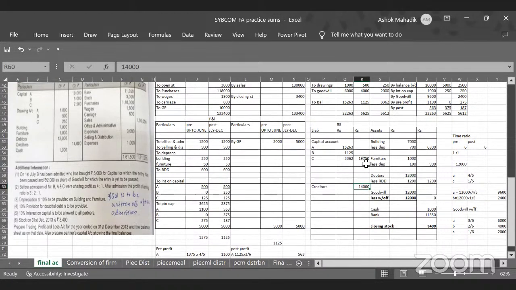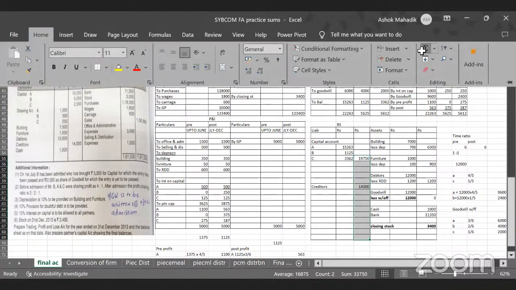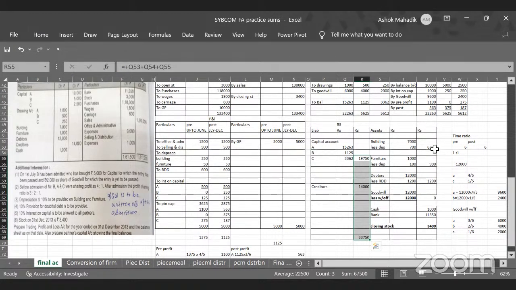Now we have to see if our balance sheet is tallying. Take the total of the liability side. 3375. Let us take the total of the asset side. Wait, I think the amount is wrong.